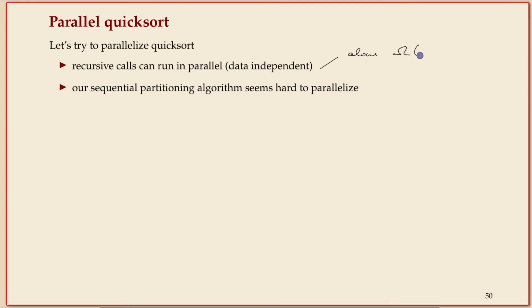So we're stuck with linear parallel time. The work can be fine, but we went from n log n down to n. It's not that great. For the other problems, we went from n down to log n. That's a much bigger step.